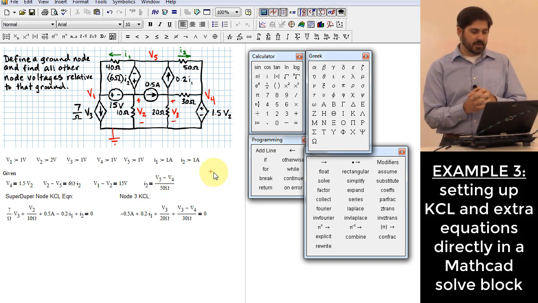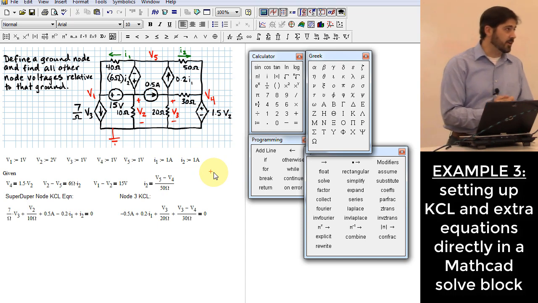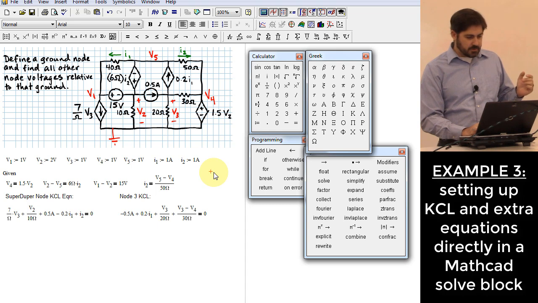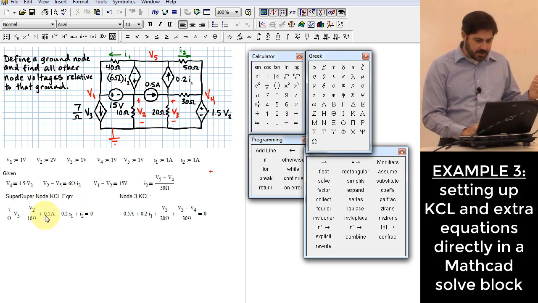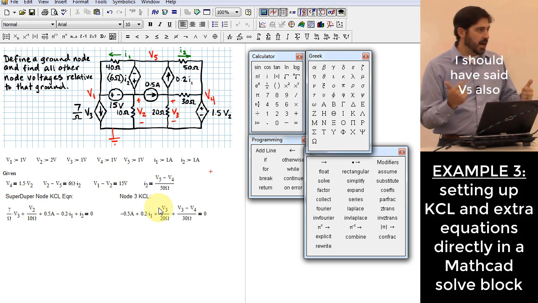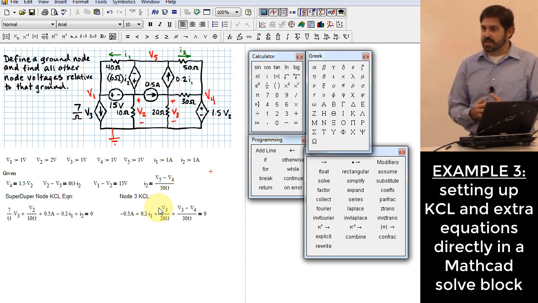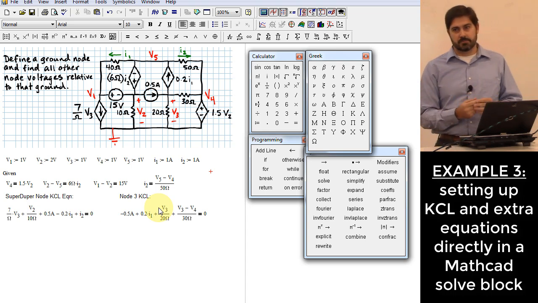Okay, maybe, maybe not. All right, what's our current count? It looks to me like we have all our voltages in there now, right? V1, V2, V3, V4, plus I1, plus I2. All those variables are included in some equation somewhere, at least, in my system. That's 7 unknowns.